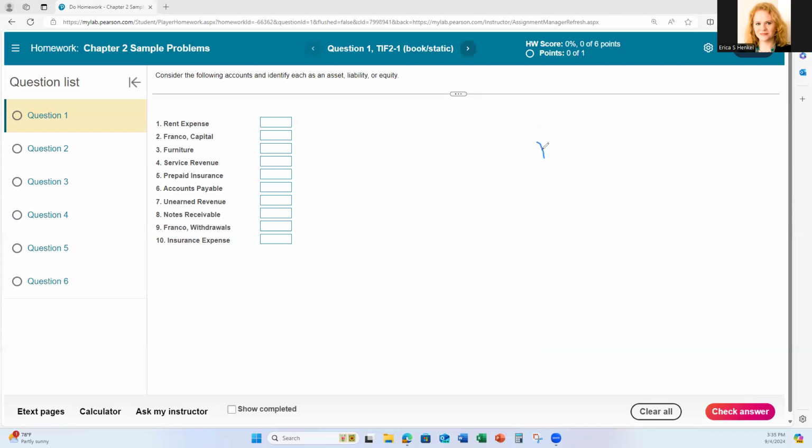All right, and then when we talk about equity, we have capital, we have withdrawals, we have revenues, and we have expenses, okay? So of those equity types, capital is money that is invested into the company by the owners. Withdrawals is money that is removed from the company.